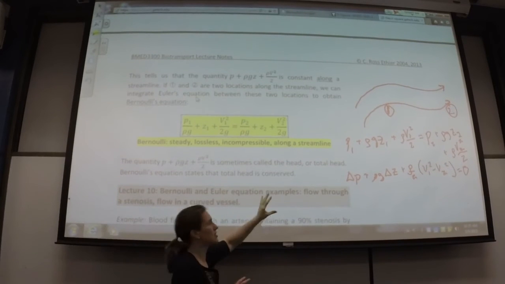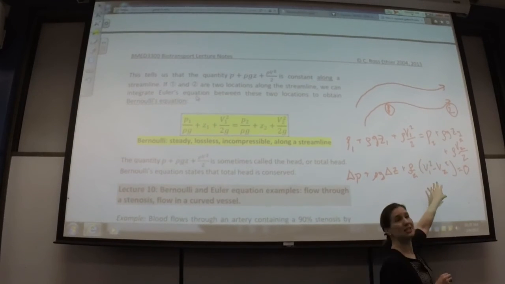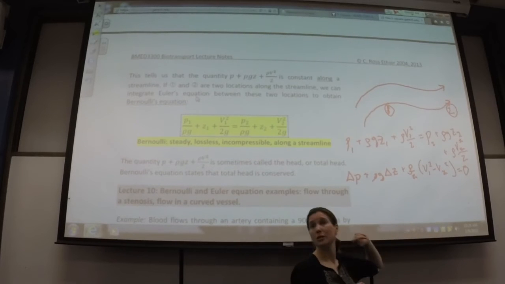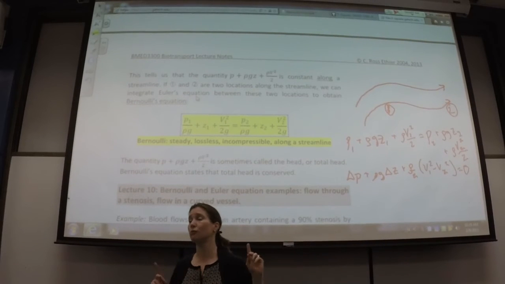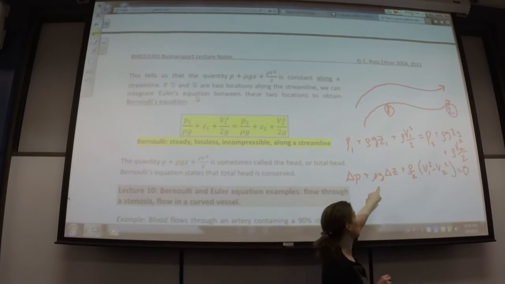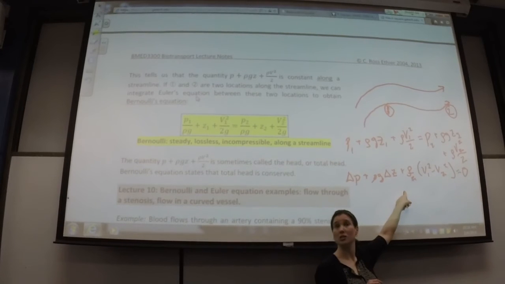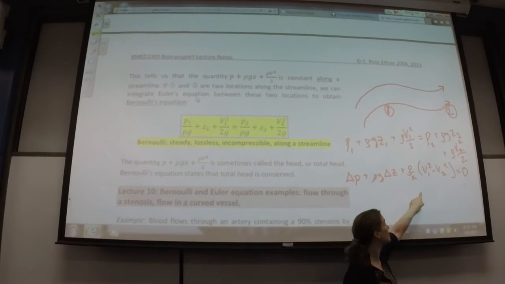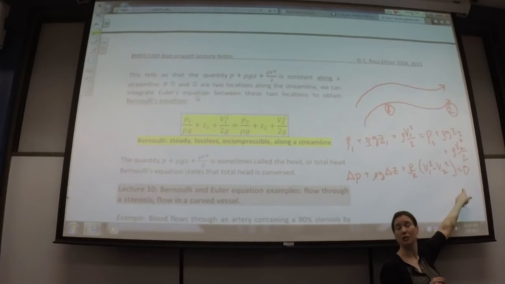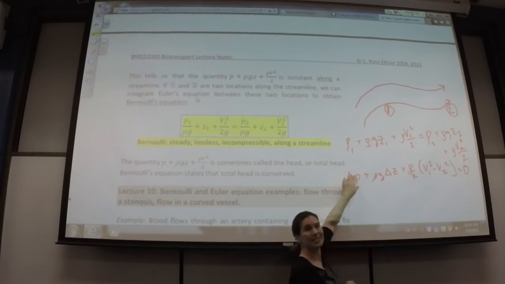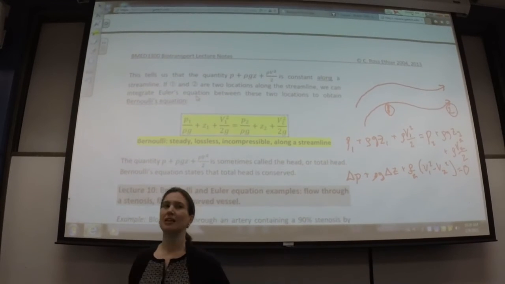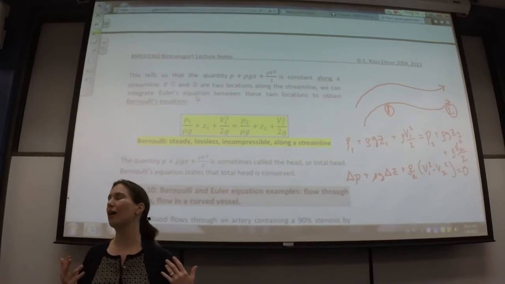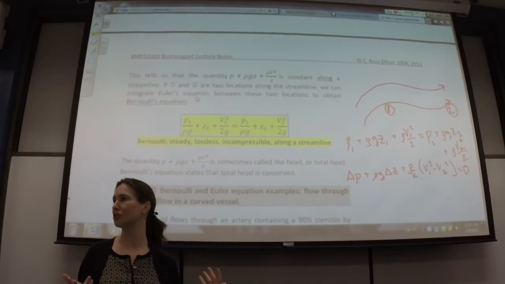What this does is really break this down into different energy components. This is saying that the fluid flow has some kind of potential energy associated with it. It has some kinetic energy associated with it. And then it's got this delta P. So a question is, how can pressure be energy?